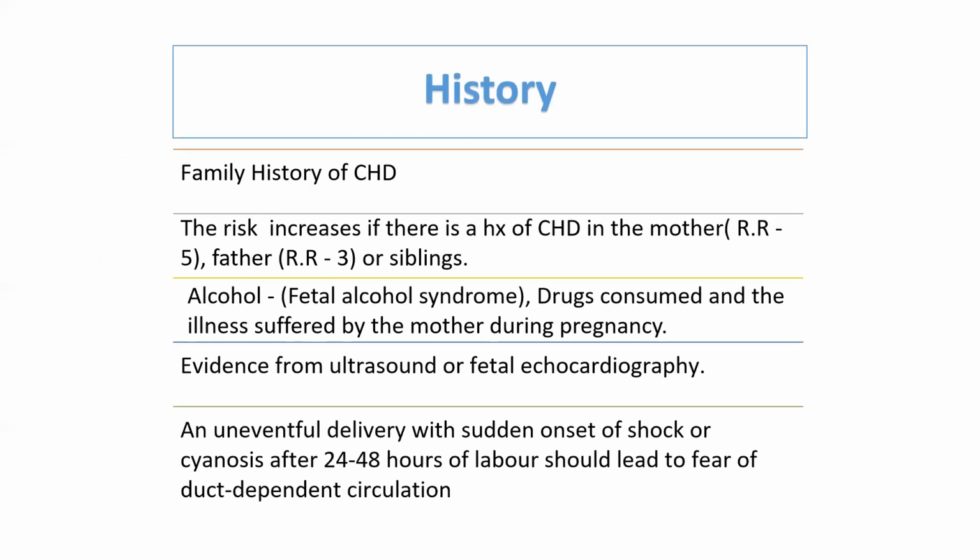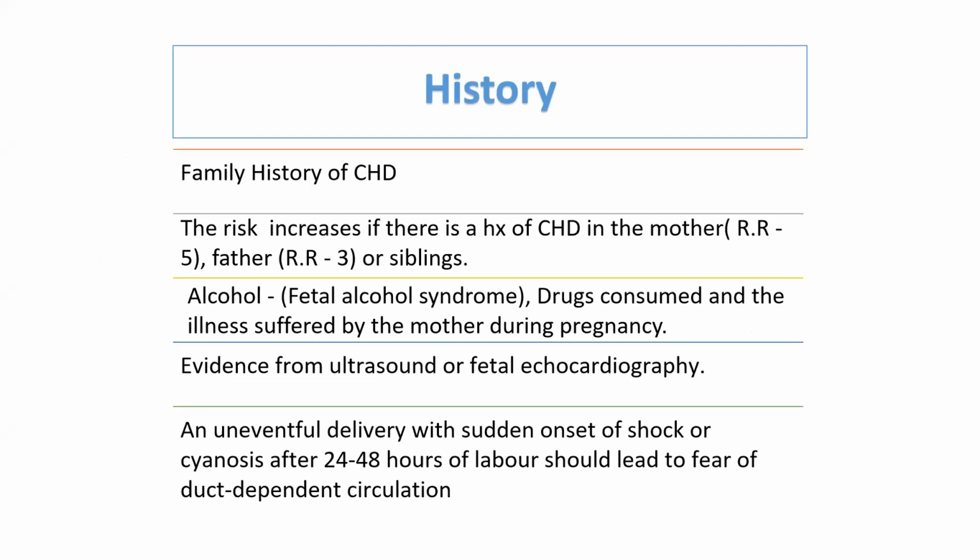So in your history taking, some of the history is suggestive of a baby born who did well at birth, then starts deteriorating soon after. But there are additional findings. For example, if there is a family history of congenital heart defect, the risk tends to be increased.